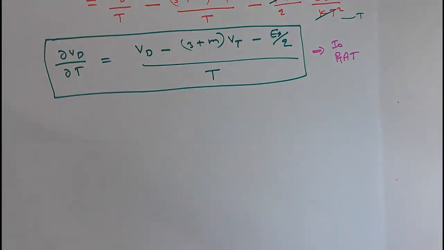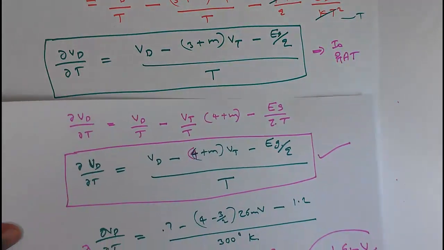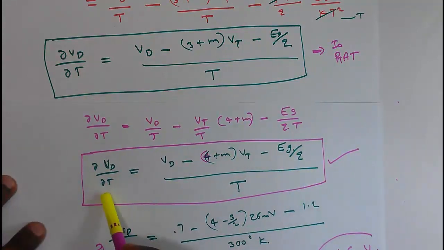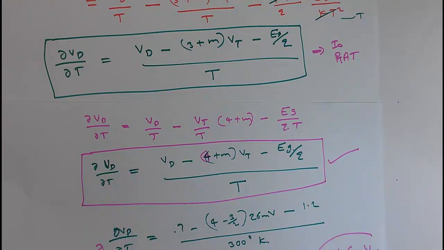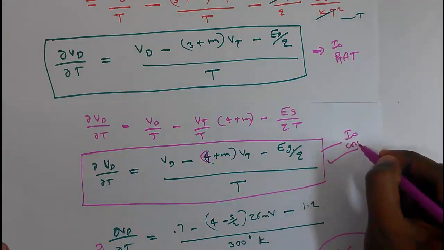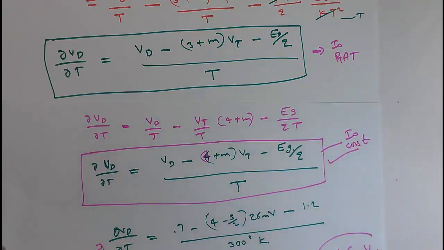And earlier we derived this expression in the slide. This is our previous slide, that it gives ∂Vd/∂T equal to (Vd − (4 + m)·Vt − Eg/q)/T, considering I0 is constant.